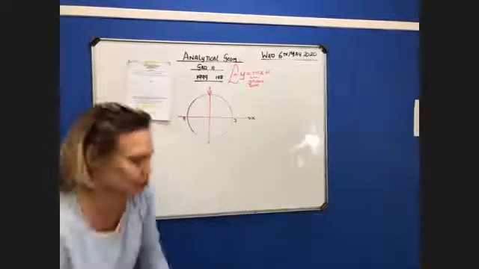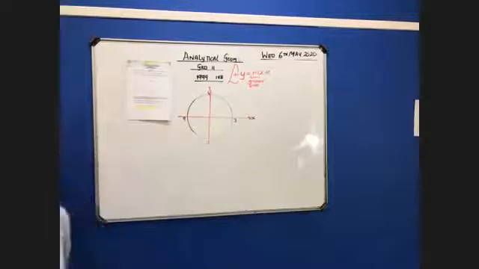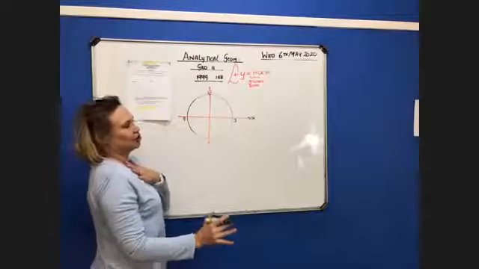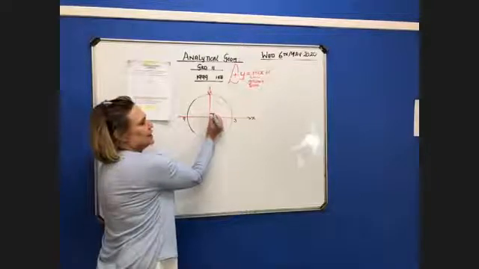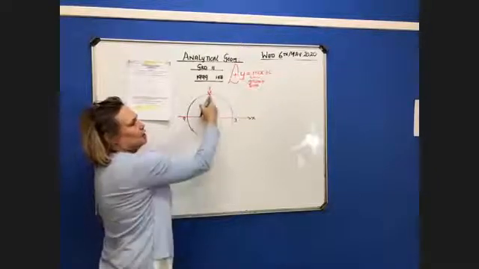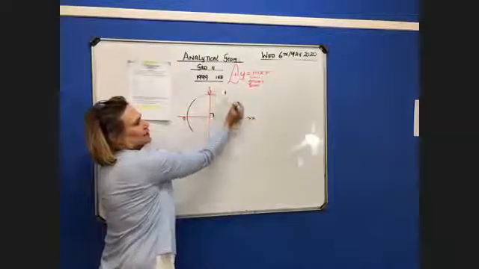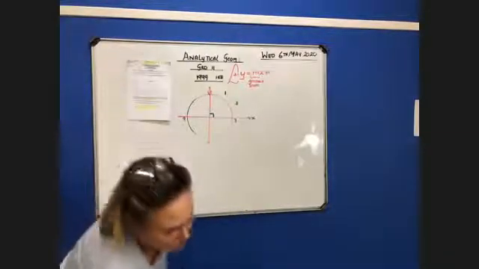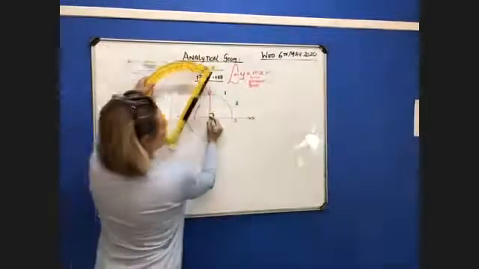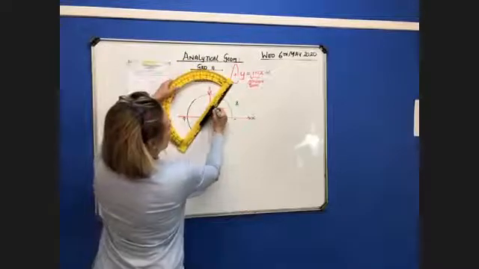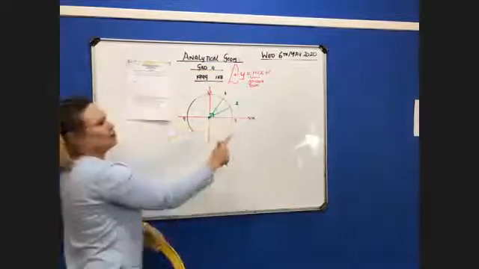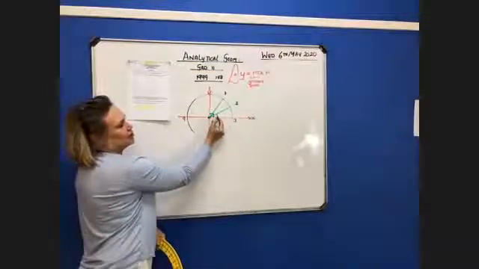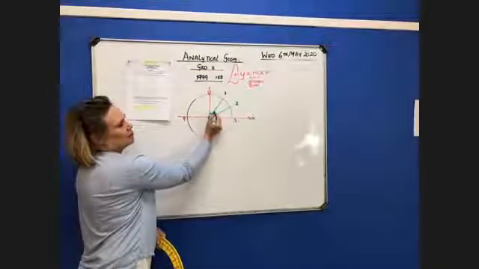Now, in order to do this question, we've just got to do something that to me is logical, but isn't logical to you. We know that this is 90 degrees. So after 12 on the right, you get a 1, and then you get a 2. So if I were to join that from the origin to 1, and then from the origin to 2, can anyone tell me how many degrees each would be?